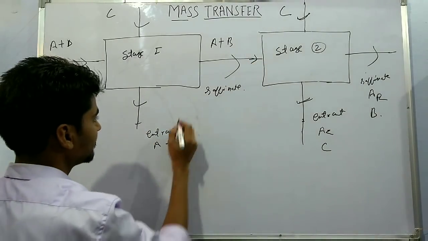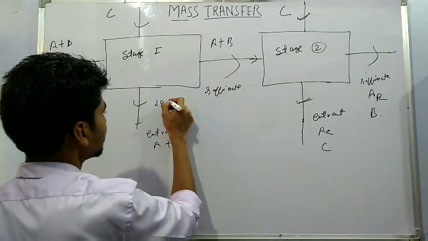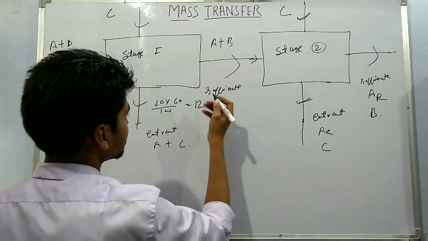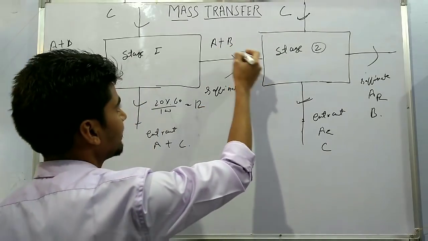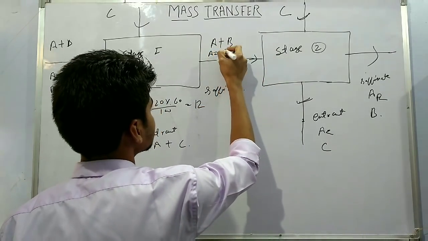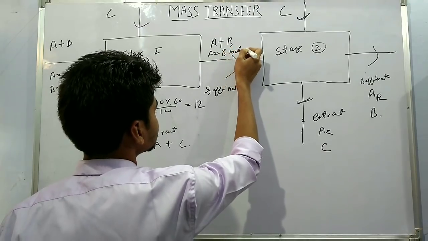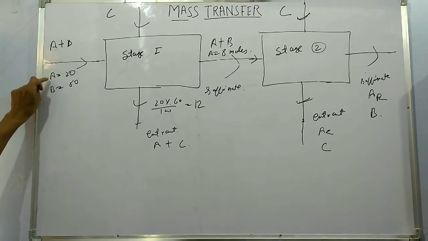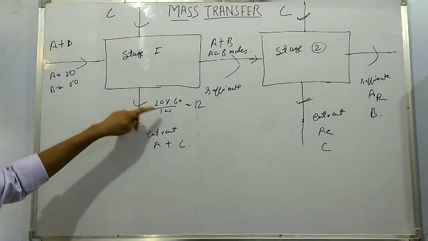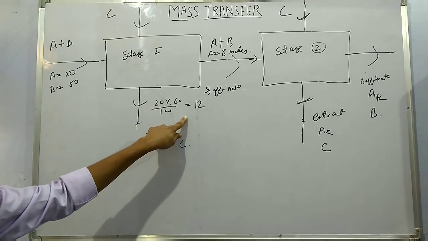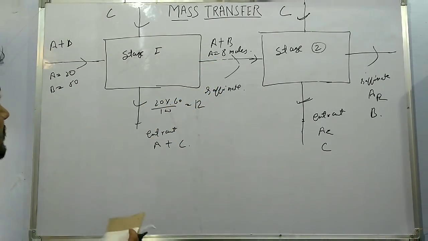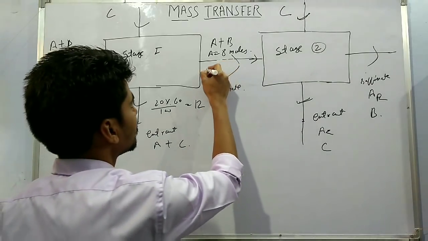So the extract phase will contain 60% of 20 moles, that will come to 12 moles, and the remaining A will be present in the raffinate phase, that is 8 moles. So from here we have A and B in the feed, A in the extract phase, A in the raffinate phase, and B is the same 80 moles.